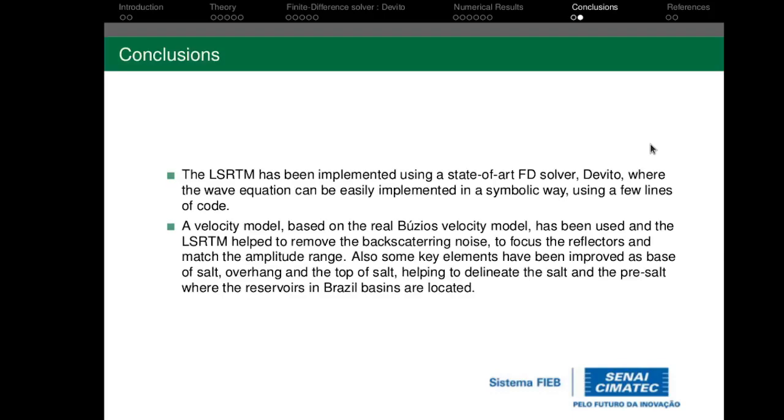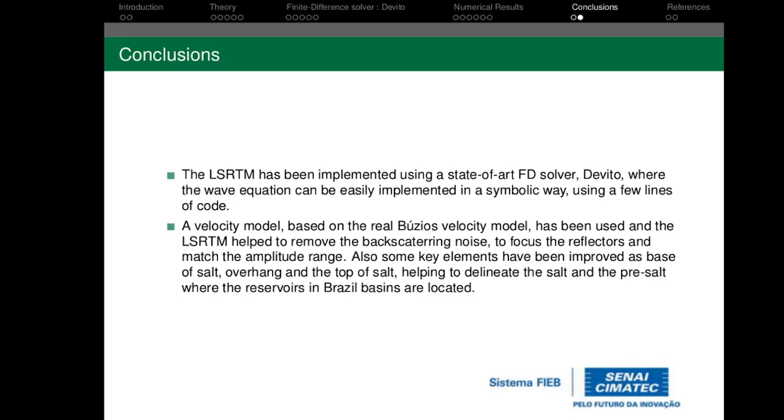My conclusion is that the least square RTM is working properly as we expect. It's improving the image, and the very important thing here is that Devito produces very optimized code by using this kind of symbolic way of programming the wave equations.